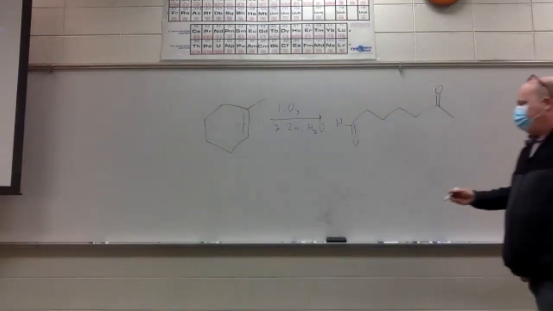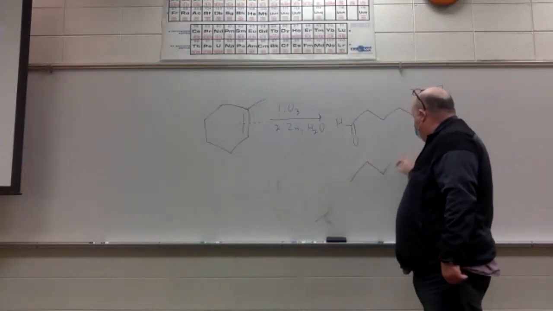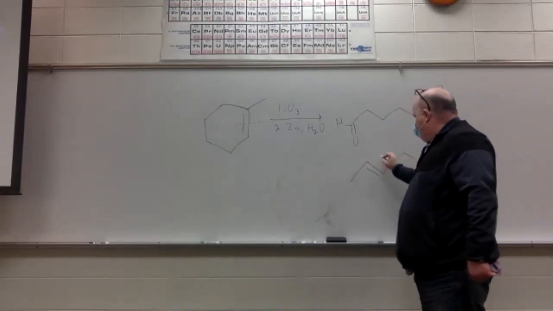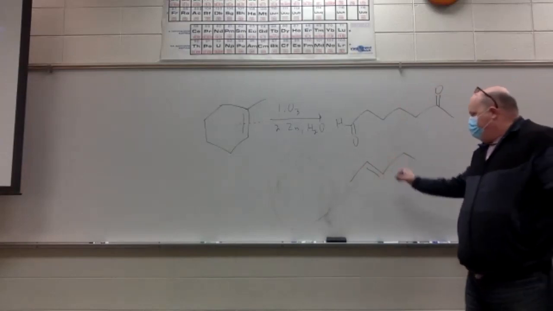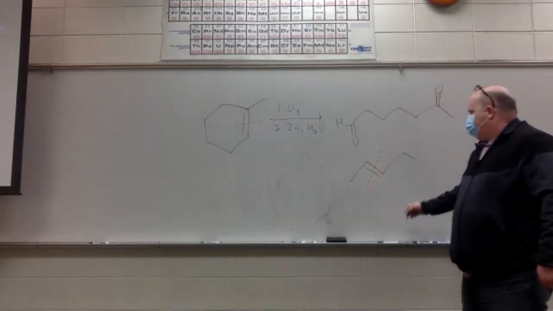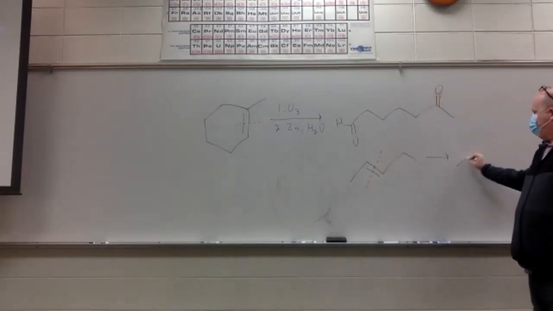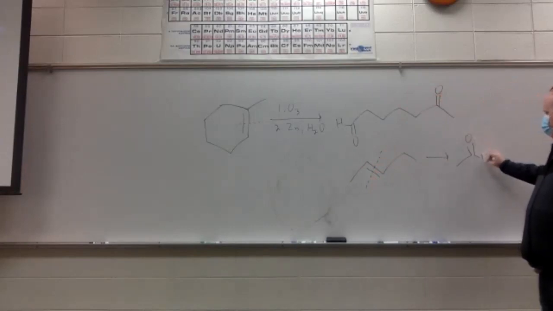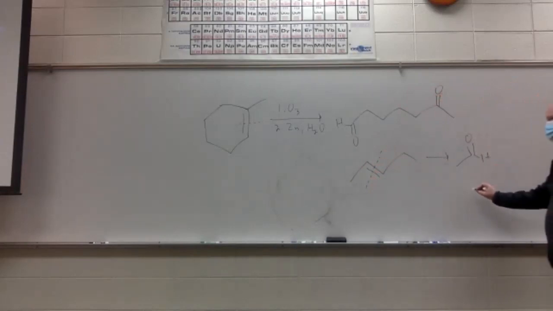It just looks a lot different than doing something like this, right? Because you're used to seeing this split up into two different fragments, each with one, right? So it's really the same thing, it just looks kind of weird. Yeah, each carbon that was in your double bond gets an oxygen.